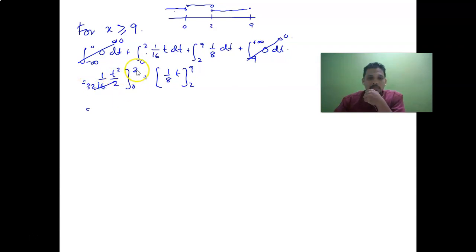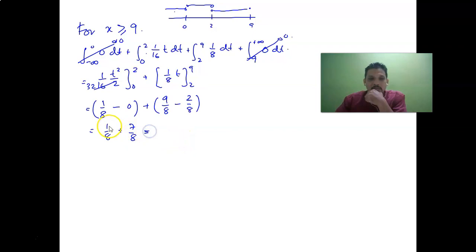Substitute t with 2 here, 2 squared equal to 4, 4 over 32, 1 over 8, minus t, substitute 0, 0 over 32 is 0. Plus, substitute t with 9, gives you 9 over 8, minus substitute t with 2, so 2 over 8. Okay, 1 over 8 plus 9 minus 2 equal to 7 over 8.